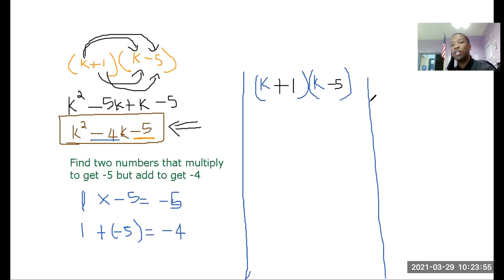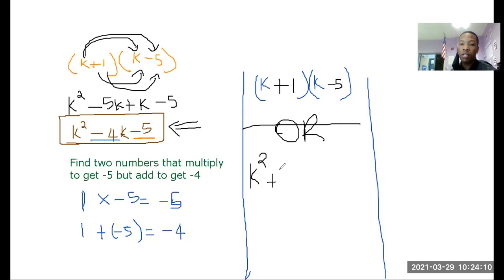Or we could do, I like this way because this way is very transferable with the next thing we're going to do. So we do k squared plus 1k minus 5k minus 5.